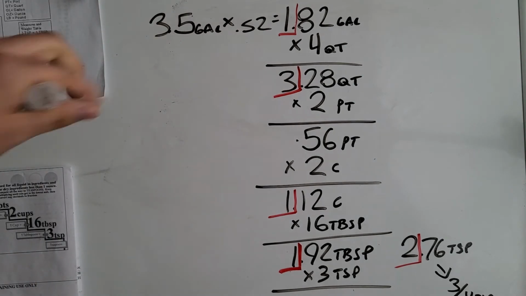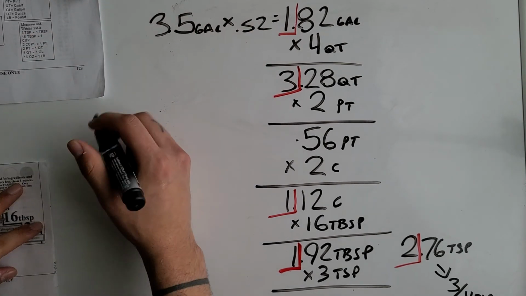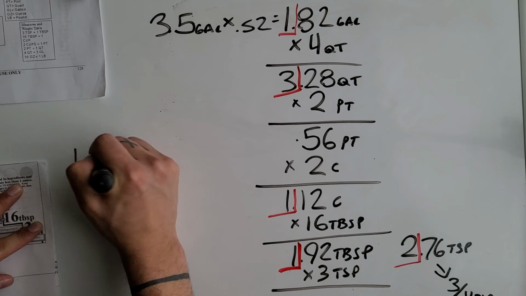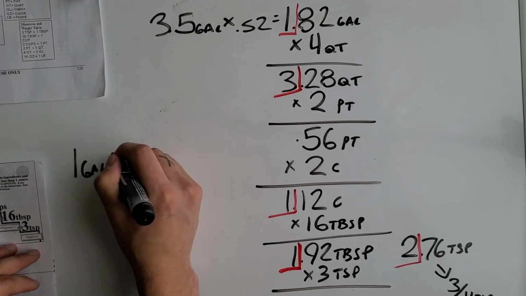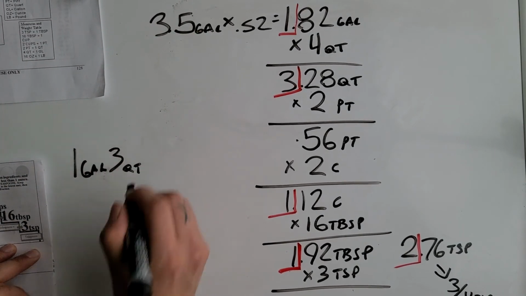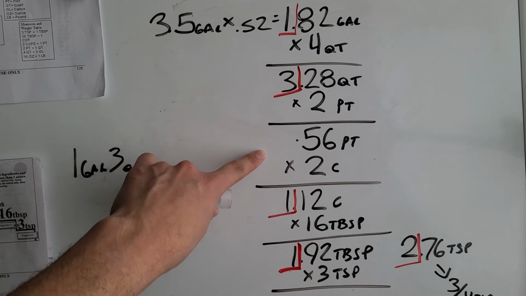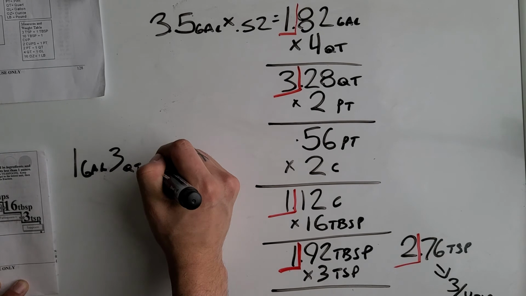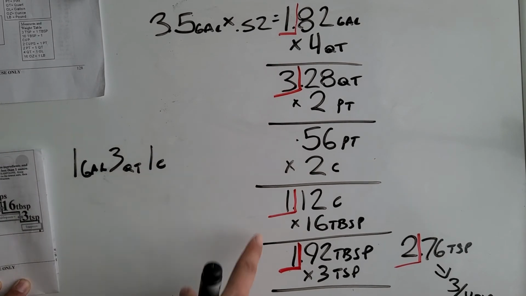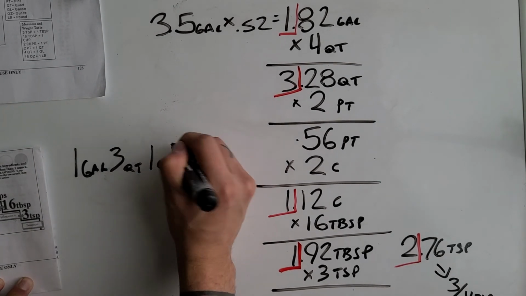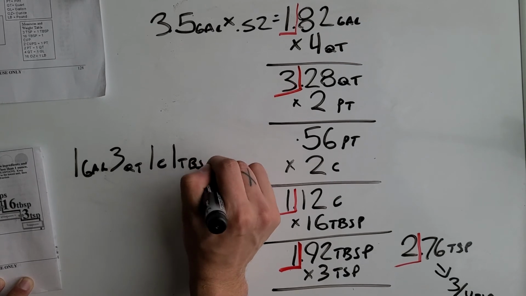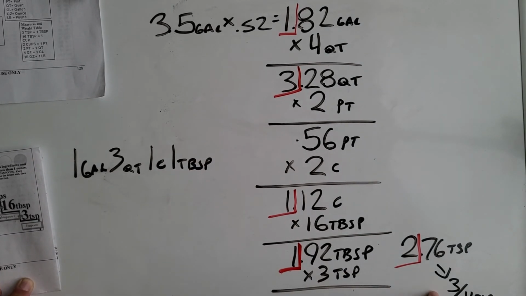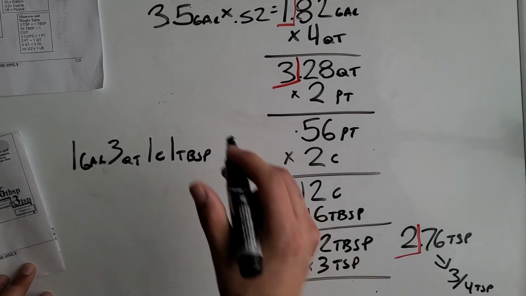After that, now you add all these numbers together, the ones you blocked off. So your final answer ends up being 1 gallon, 3 quarts, 0 pints, 1 cup, 1 tablespoon, and 2 3/4 teaspoons.